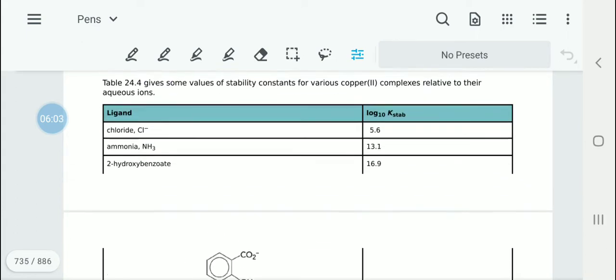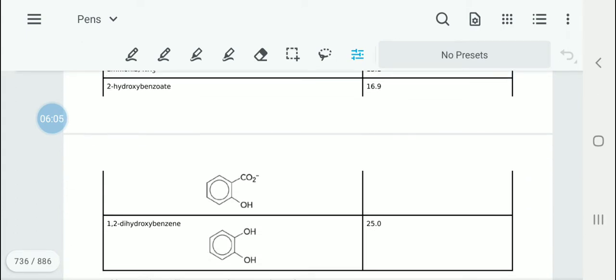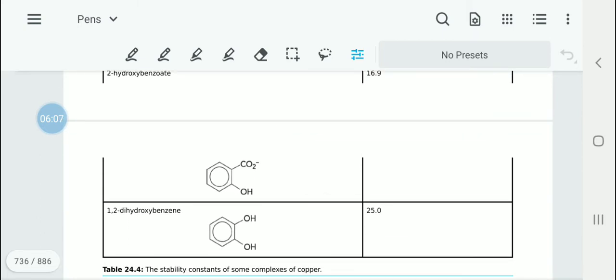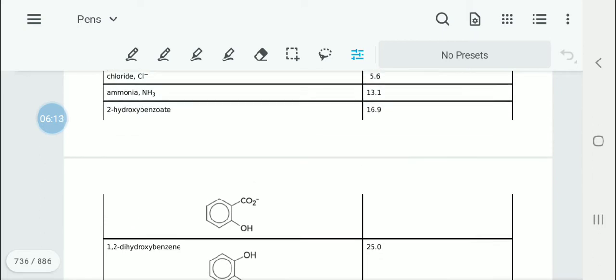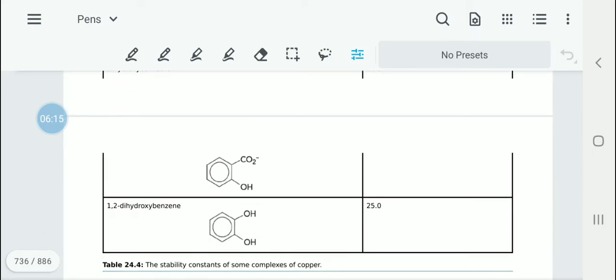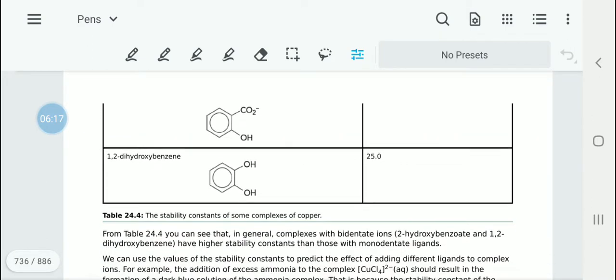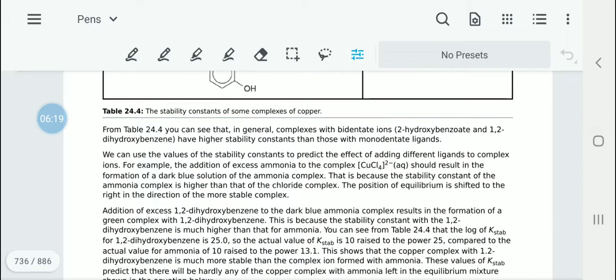Now you can see that chloride and ammonia are monodentate ligands. Here, the ones with CO2H and OH are bidentate ligands. You can see them.